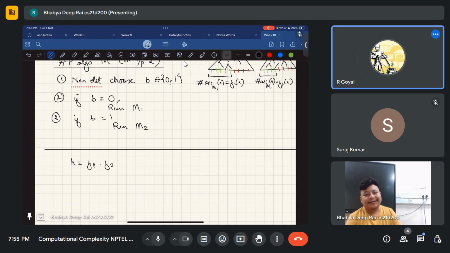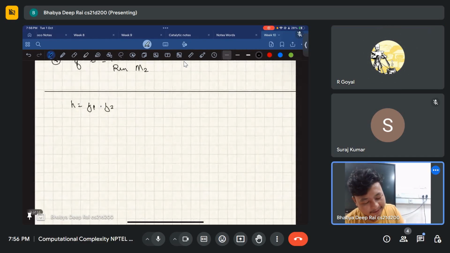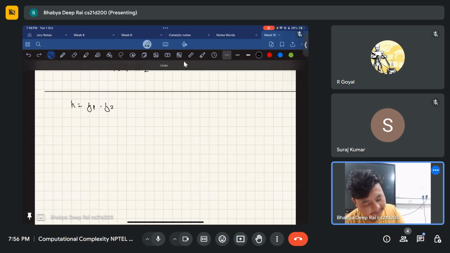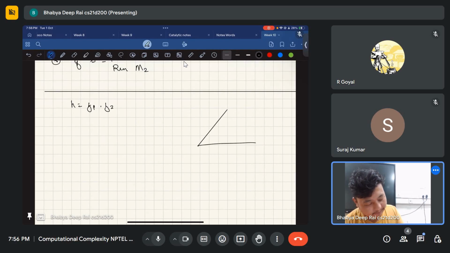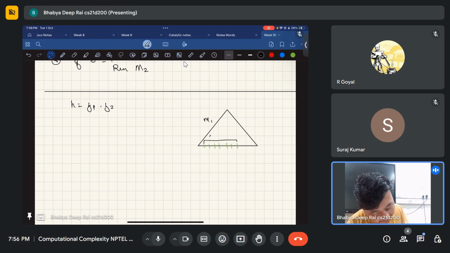So the idea here is that I have M1 which computes f1, and it has accepting paths, and this number of accepting paths is equal to f1 of x, and there are rejecting paths.